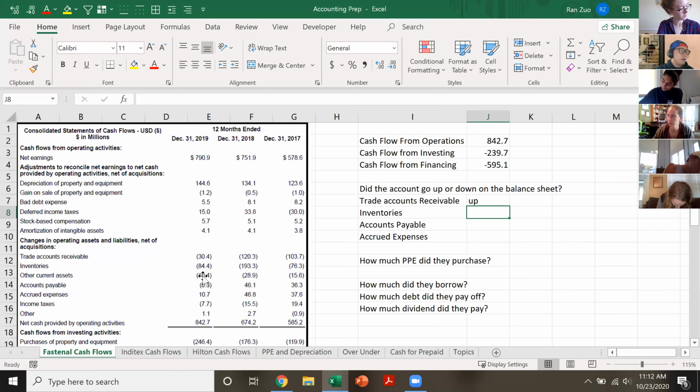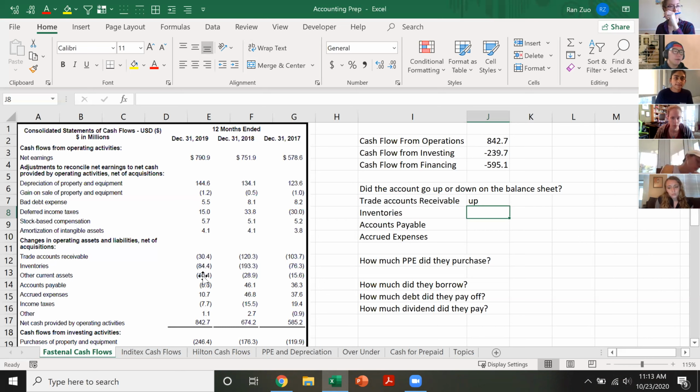Okay, everybody good with that? Questions on that? Could you explain, like, just walk through what happened with the inventory? I guess I'm just not registering it. Yeah, it's easier to explain with accounts receivable, right? You didn't get paid for a certain amount. With inventories, inventories gets reflected in the cost of goods sold, right?